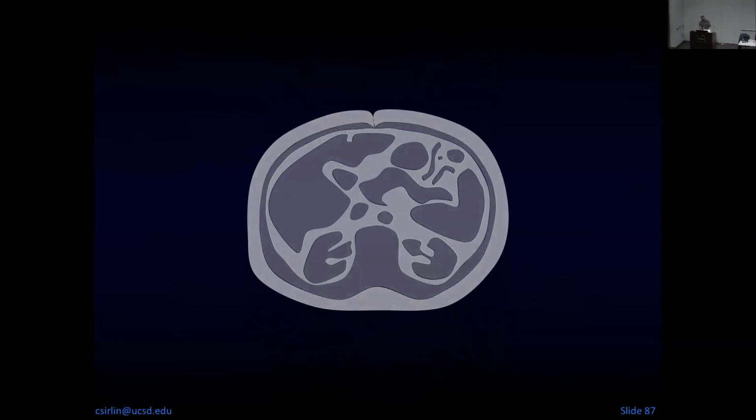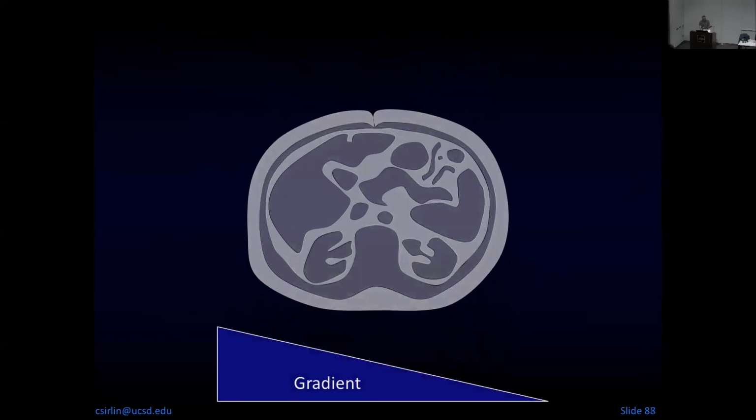But in order to convert the signals of water and fat into an image, we have to apply a gradient, the so-called frequency encoding gradient. So we're going to apply a new magnetic field that's now going, in this particular case, from this side of the image to this side of the image.